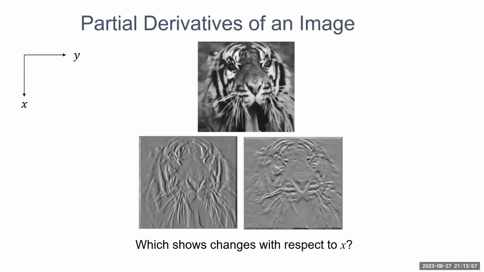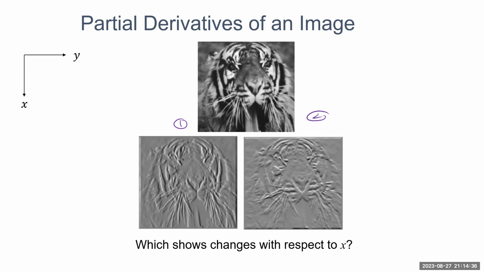Okay, now here we have an image where there's edges in both directions. You can see edges of this particular tiger. There's horizontal edges as well as vertical edges, right? Now, if you look at these images, I will put 1 and 2 here.